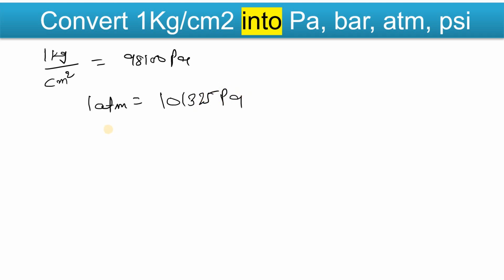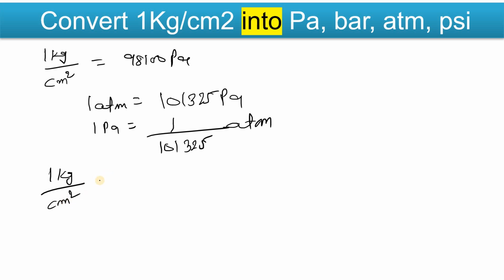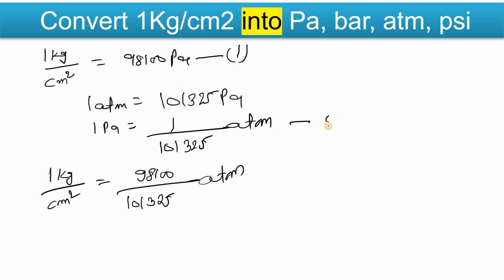So what will be the value of 1 Pascal? The value of 1 Pascal will be 1 divided by 101,325 atm, right? So 1 kg per centimeter square will be equal to 98100 divided by 101,325 atmospheric pressure.